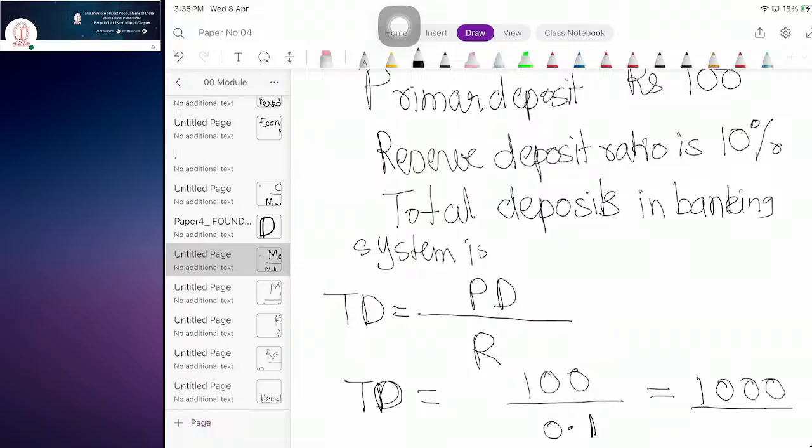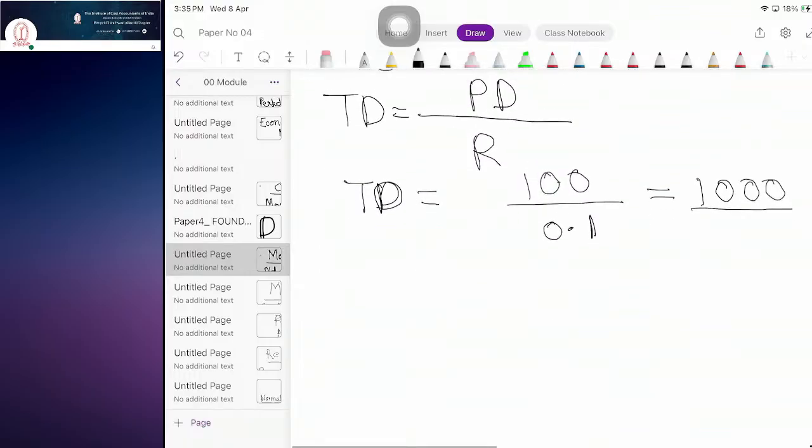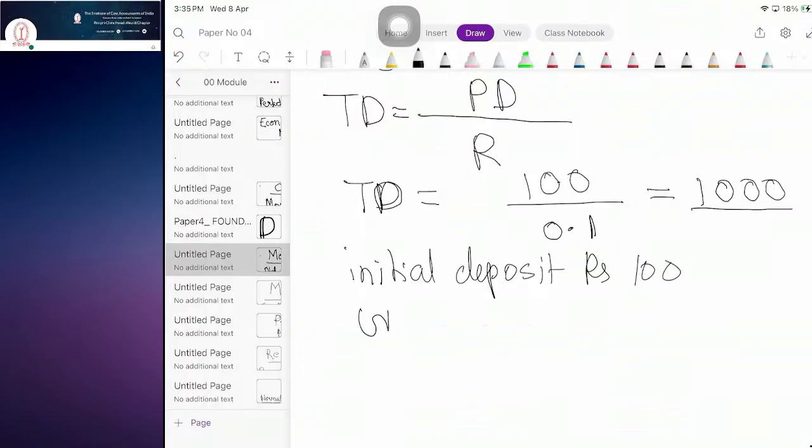1000, correct. So this initial deposit of 100 rupees creates total deposits of rupees 1000.